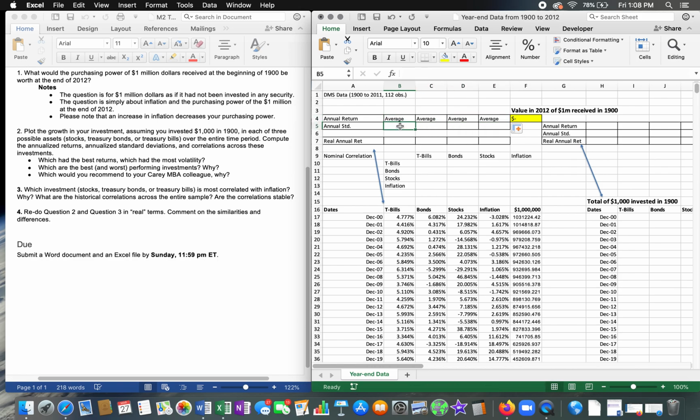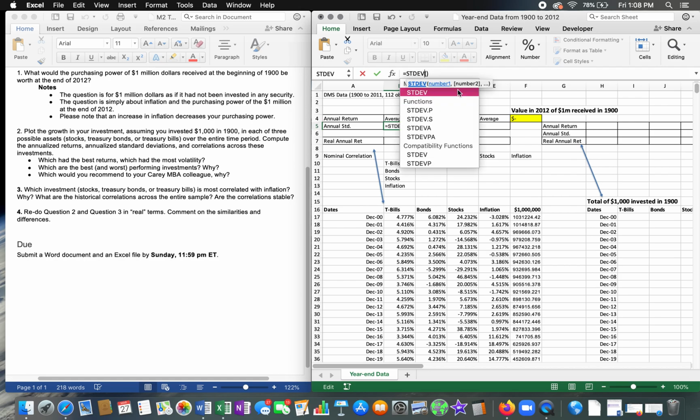All right, and then to get the standard deviation, it's going to be similar, and you're going to use the STDEV function or the sample one. In Excel, they give you the same answer for this set.